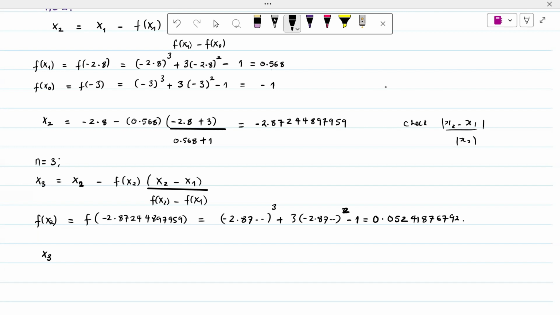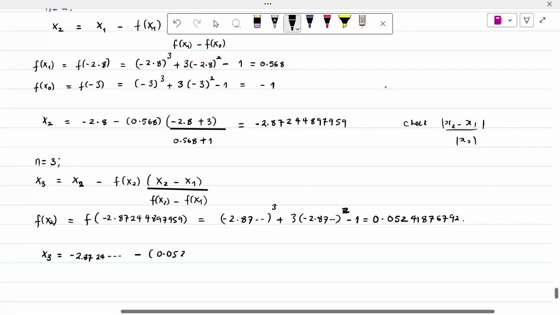This is x3 equal to, so our x2 is the previous value we just calculated, negative 2.8724, so you can finish all the values there. And then minus f of x2, which we've just found as 0.052, 41, you can finish those values there.